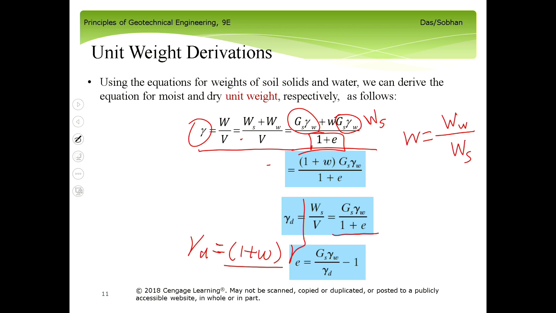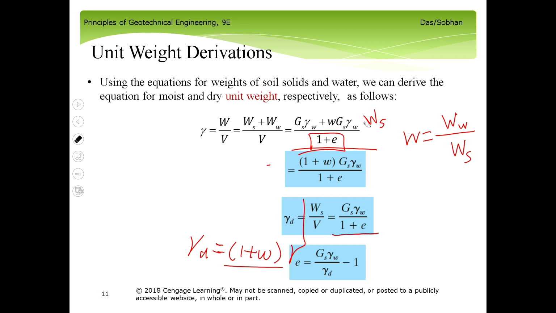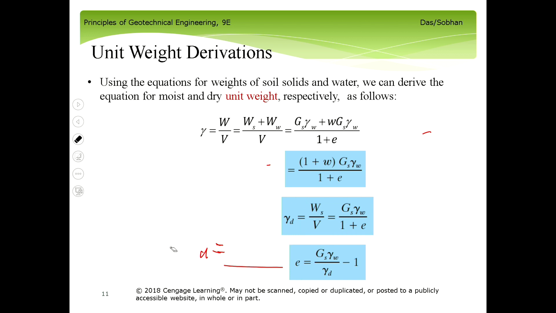So from the unit weight, as long as we know the specific gravity, we can get this, right? I'm not sure if you still remember this after the interruption. Then let's see.